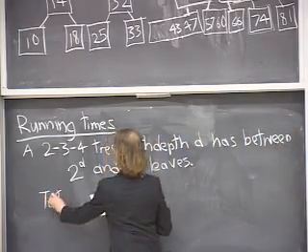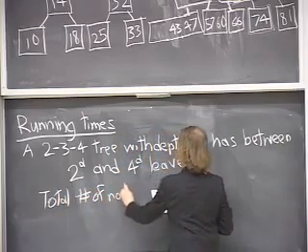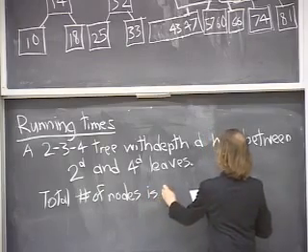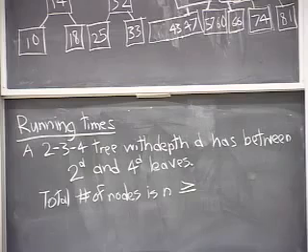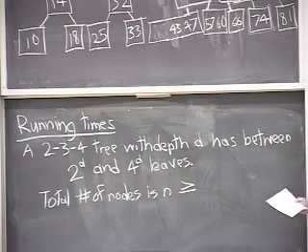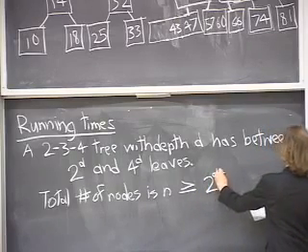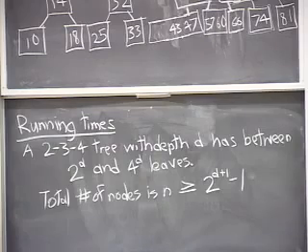The total number of nodes in the whole tree, let's call it n. We can show that even in the smallest tree, which only has 2 to the d leaves, if you add up all the levels, it has 2 to the power of d plus 1, minus 1, or more nodes.